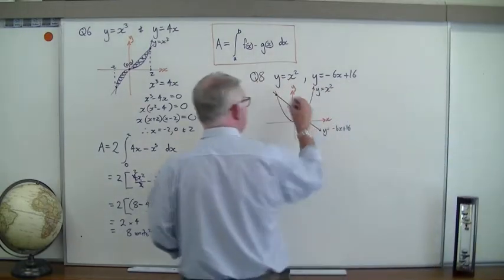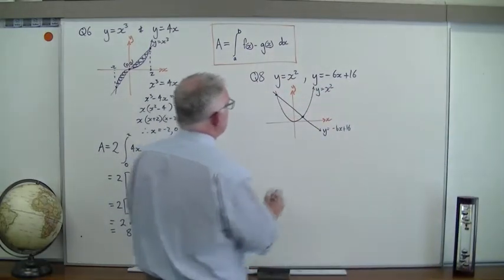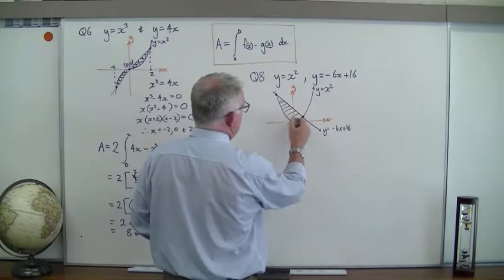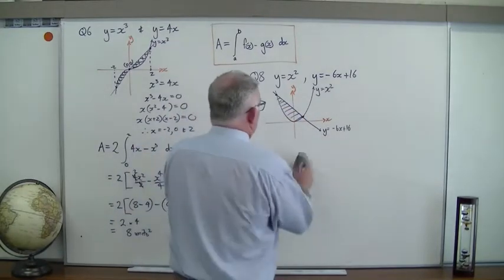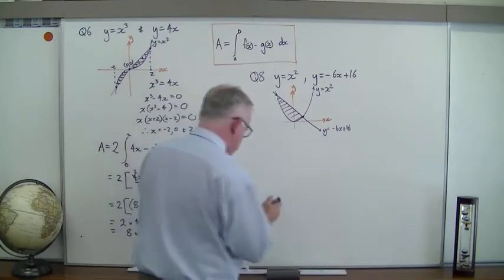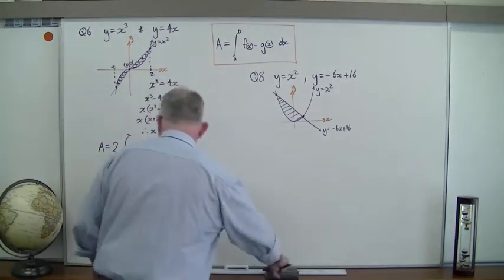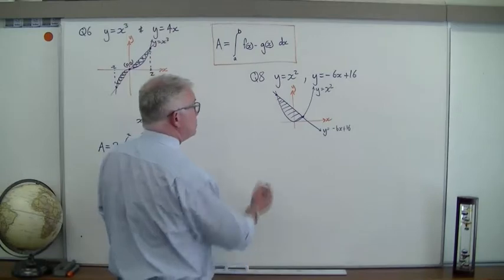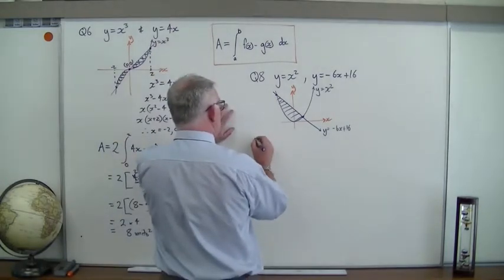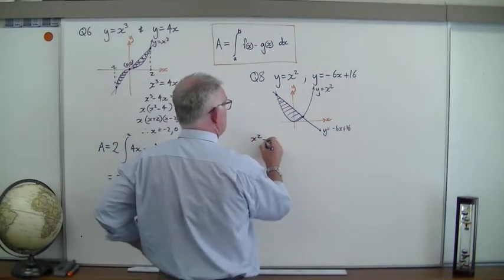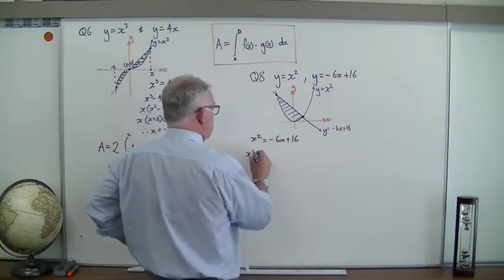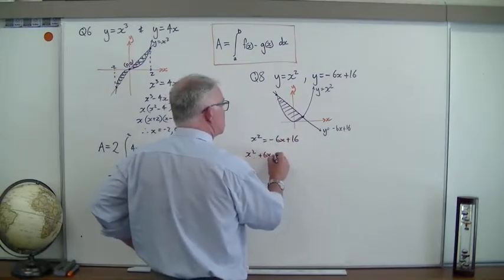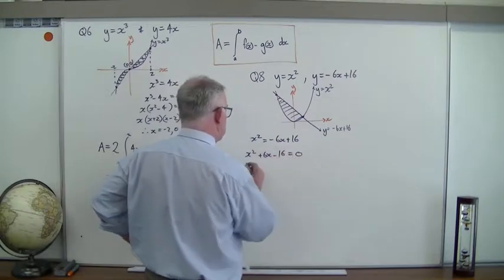So we have to find these 2 points of intersection. That's what we need, and to find the area enclosed between the two curves. All right. Again, to find those points of intersection, we do simultaneous equations. So x squared equals minus 6x plus 16. X squared plus 6x minus 16 is equal to 0.